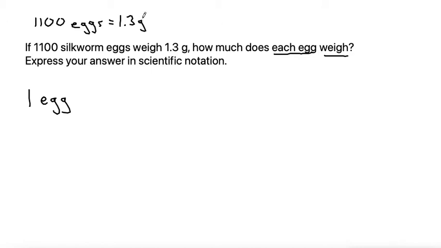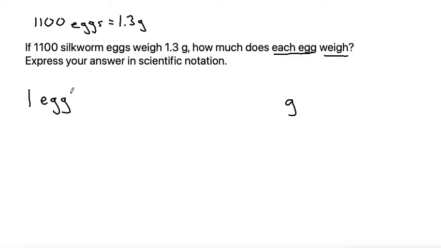Now technically it should be asking how much mass does each egg have to be technically correct, but I think that we can infer that when it asks how much does each egg weigh, it's asking us for how many grams each egg has.